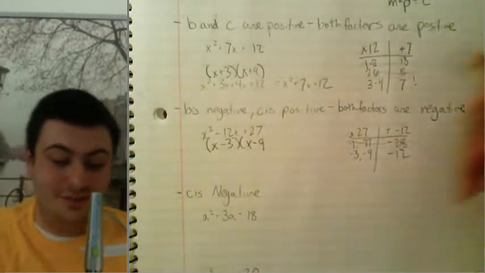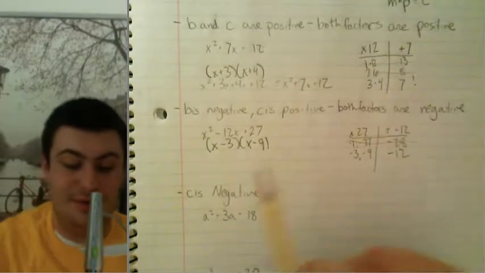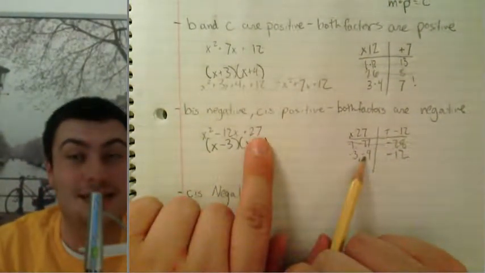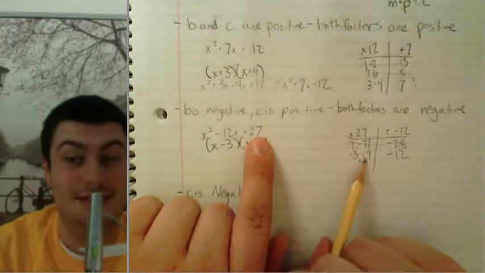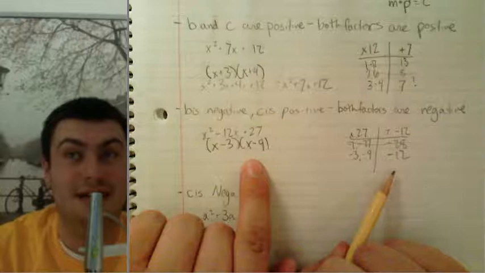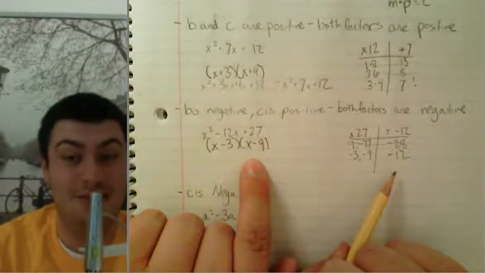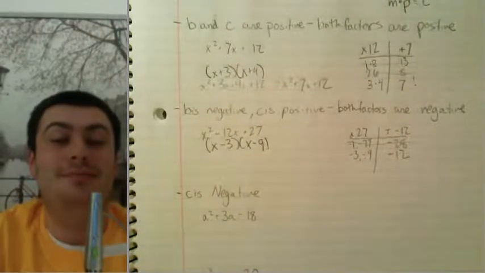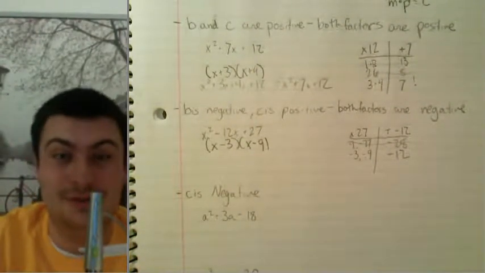There are two factors that multiply to positive 27 because a negative times a negative equals a positive, and they add to negative 12. Negative 3 plus negative 9 equals negative 12. And again, if you want, you could FOIL it out, but I hope you will soon learn to trust yourself.